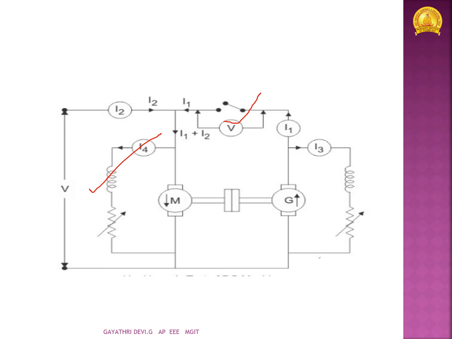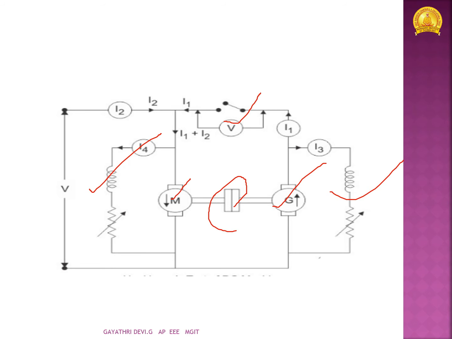This field current I4 is adjusted by means of the motor field rheostat, which enables the motor to run at a rated speed. The machine G acts as a generator. Here it shows the generator field winding, and G is mechanically coupled to M by this coupler.